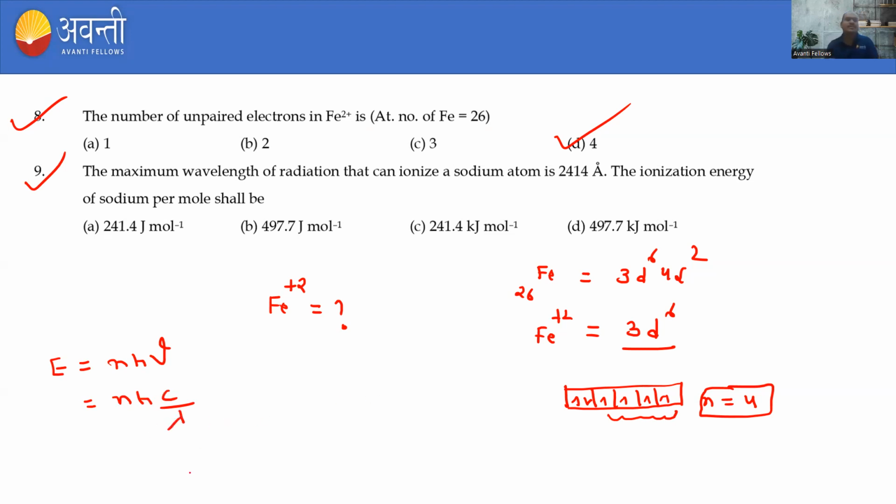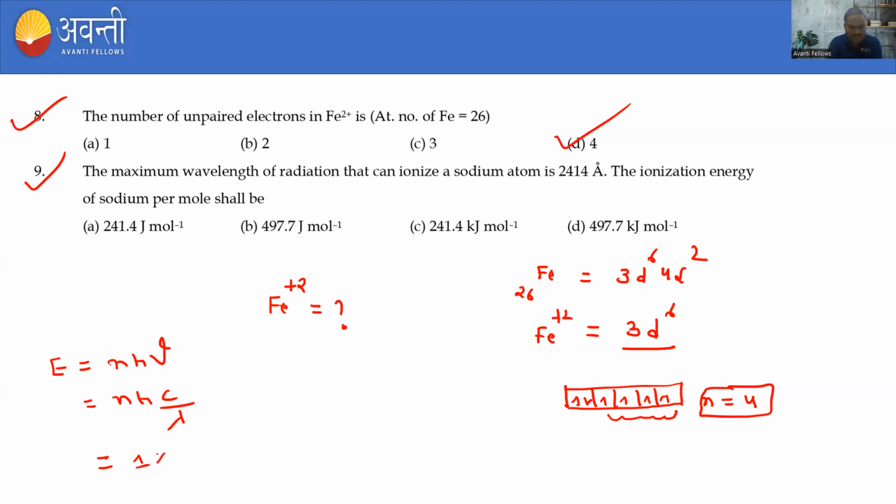So this mu comes out to be C upon lambda. Now you know the maximum wavelength of radiation that can ionize a sodium atom, and we need the ionization energy of sodium per mole.